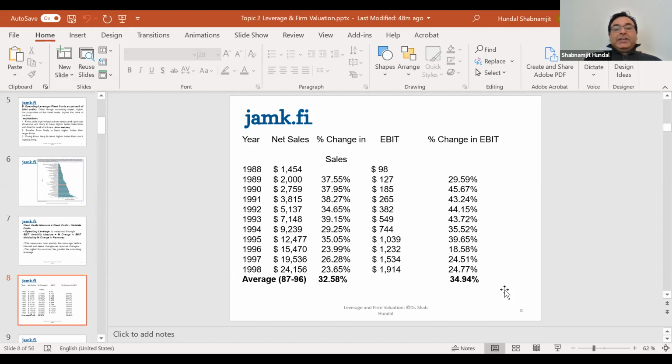The percentage change in sales and in EBIT is calculated as the current value minus the previous value in the bracket, divided by the previous value. If you want, I can show it to you. I can quickly make a spreadsheet and discuss with you. So if you just bear with me, I can open a spreadsheet.